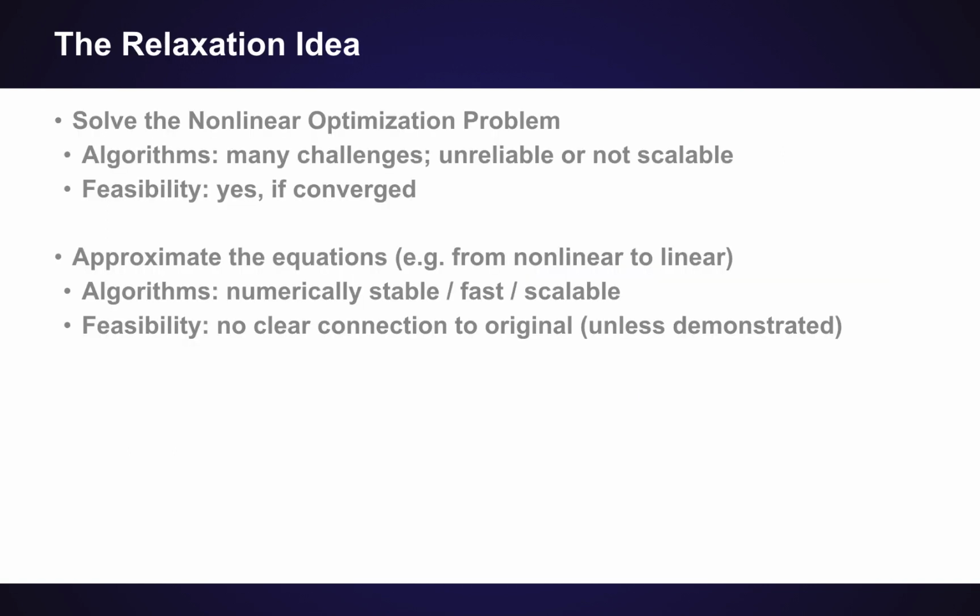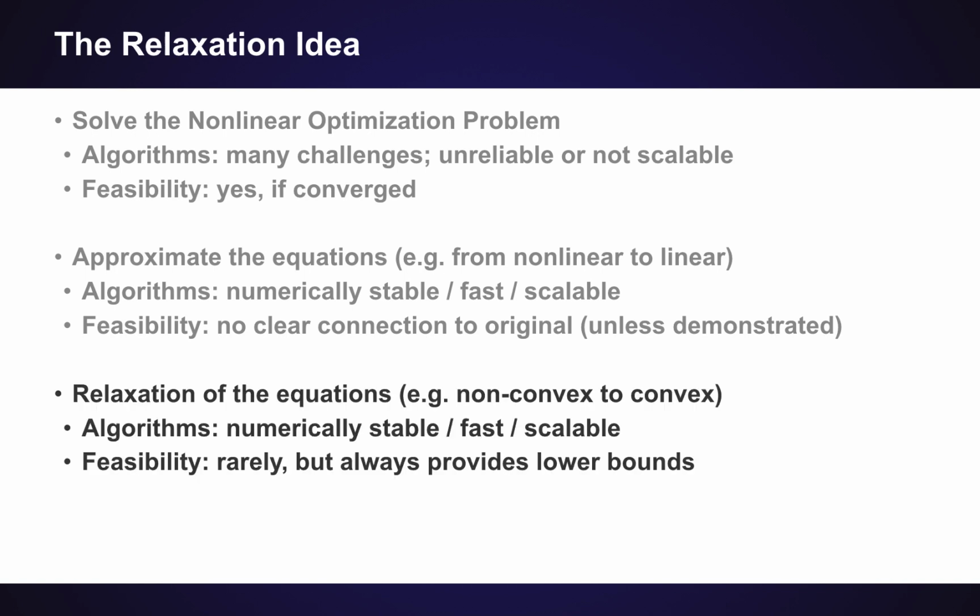So why are we talking about these relaxations for solving non-convex problems? It's because in the previous lectures we've talked about two traditional approaches to solving non-convex optimization problems. One is just to solve the problem directly. The other one is to approximate it. And relaxations of the original equations are really another pillar of how you can try to address non-convexities.